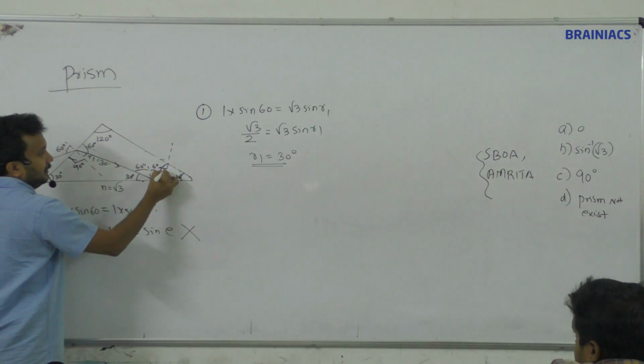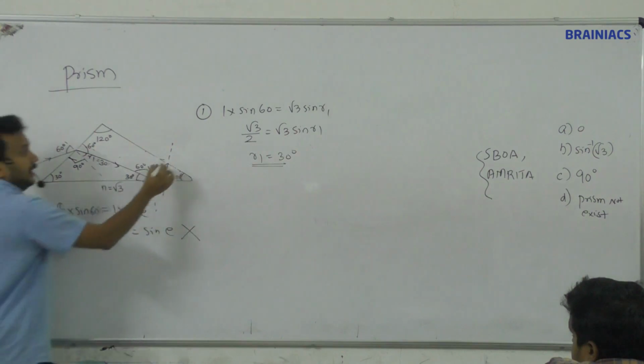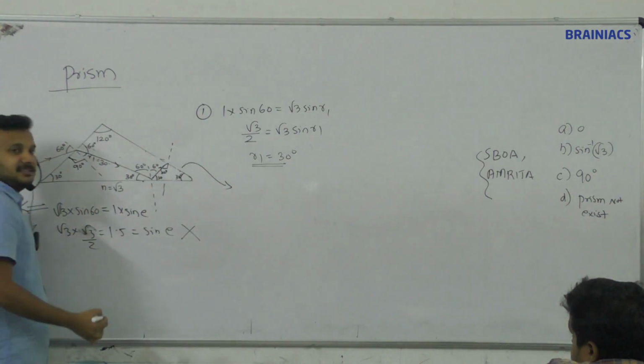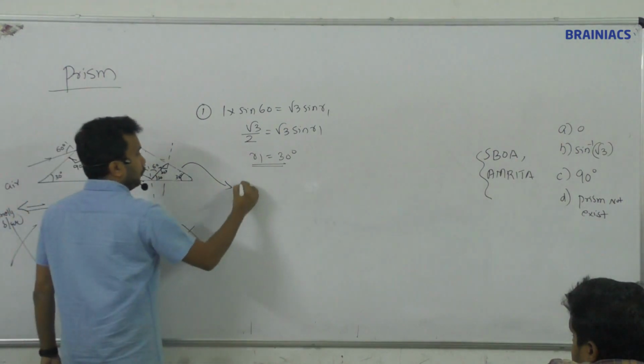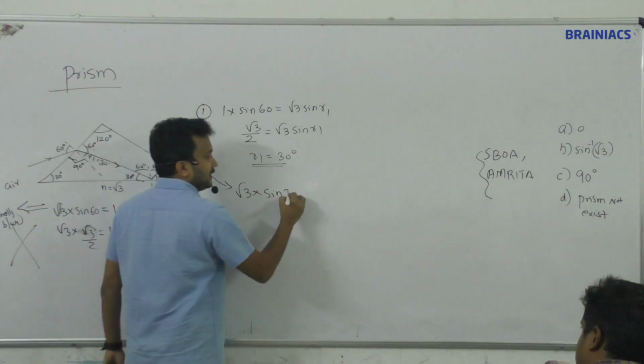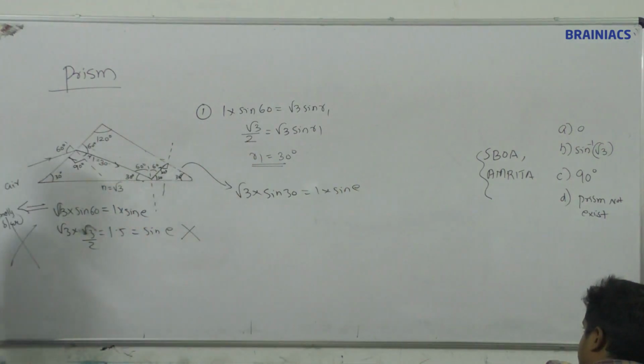The angle is 30 degrees. Correct. Now again I am assuming maybe refraction is happening, so I am applying Snell's law. Root 3 into sine of angle of incidence, sine 30, is equal to 1 into sine of angle of emergence.